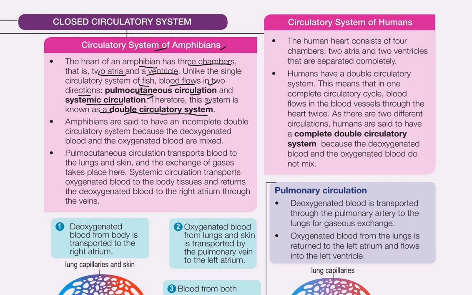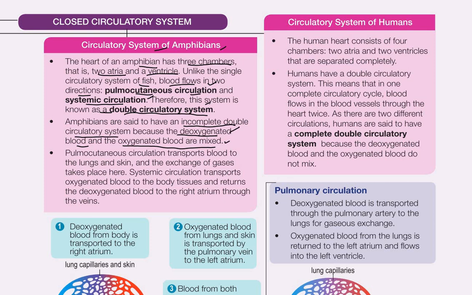Okay, amphibians are said to have an incomplete double circulatory system because the deoxygenated blood and the oxygenated blood are mixed. So for the amphibians, the system is known as an incomplete double circulatory system because of the mixing of the deoxygenated blood and oxygenated blood.